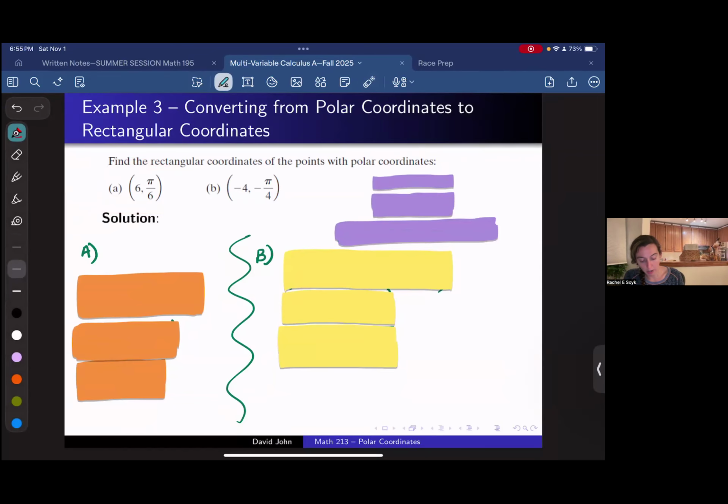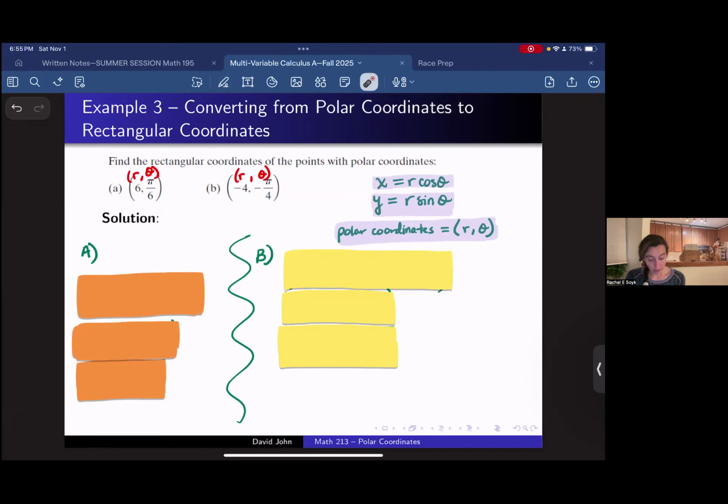And so we know x is equal to r cosine of theta, and y is equal to r sine of theta. Just to recap, our polar coordinate form is in the form of r comma theta, so this is our r, this is our theta. And so now we're ready to make the conversion and simplify.